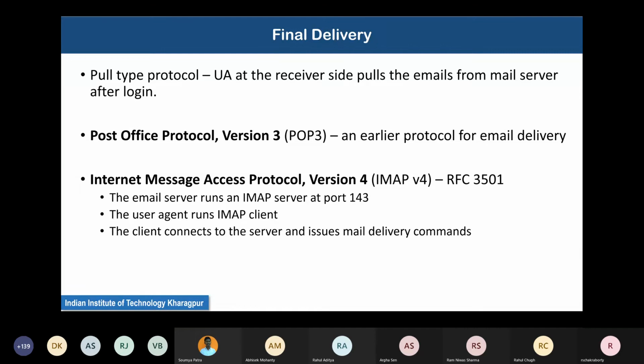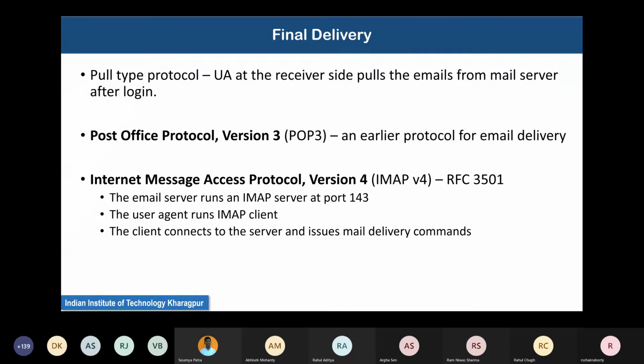Now, there was an older protocol called Post Office Protocol version 3, POP3, which was an earlier protocol for email delivery. But it is still used. POP3 is used where you know that you are going to access your email from only one device. It is guaranteed you will not access email from more than one device.